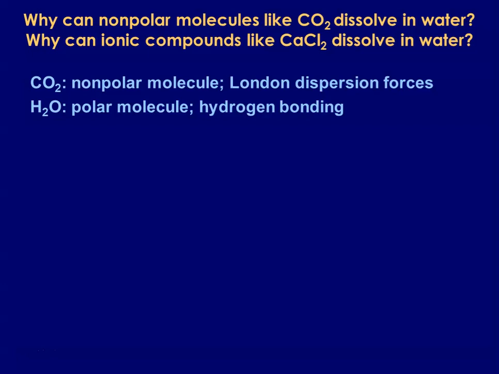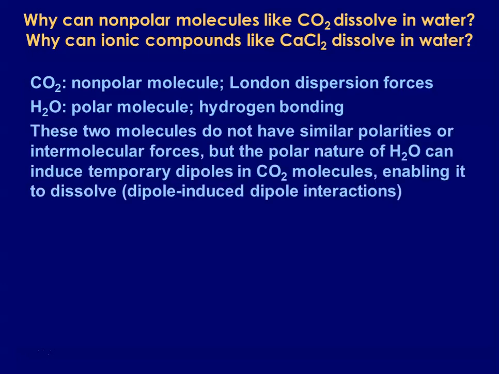Water has the permanent dipole, it can hydrogen bond, and because it has that permanent dipole, it can cause temporary dipoles to form in those carbon and oxygen atoms making up CO2. And so when those temporary dipoles are induced, that will facilitate the dissolving process of CO2.